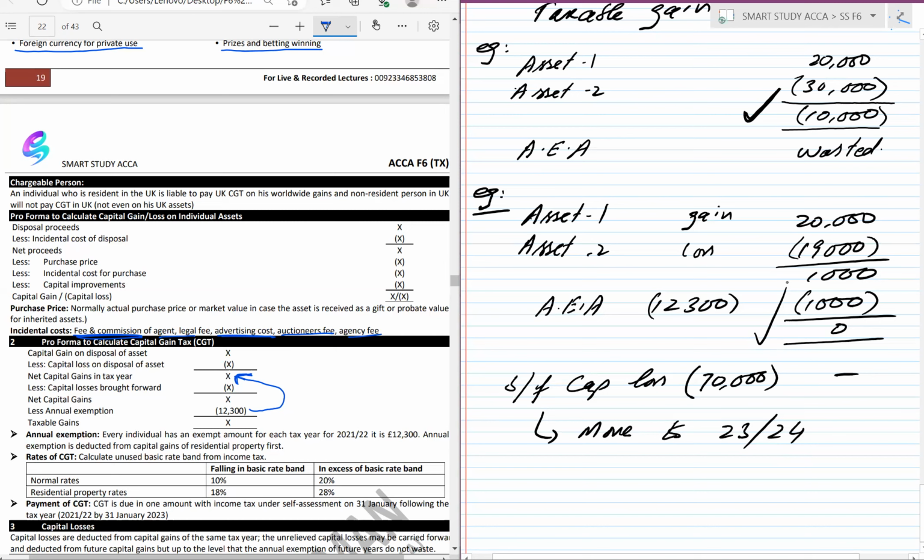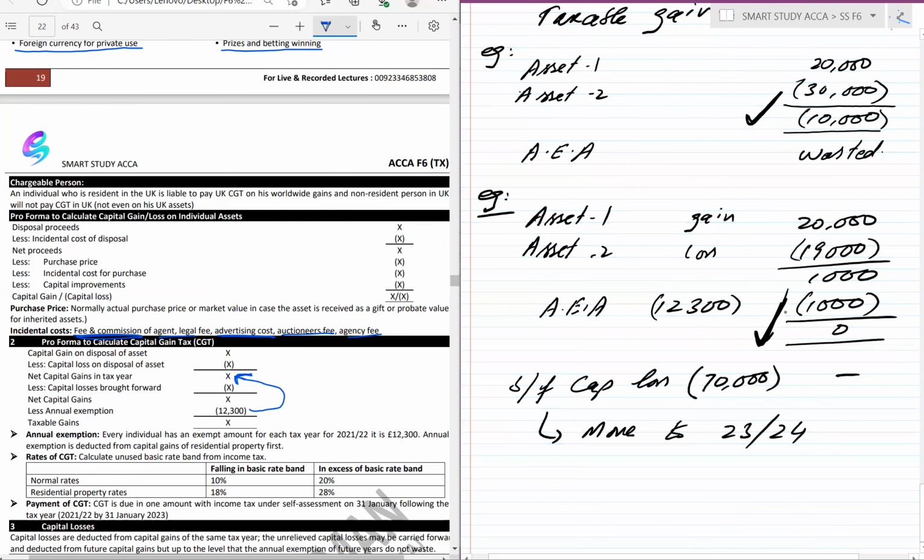Our brought forward capital losses are 70,000 pounds, which we are unable to adjust over here. So these losses will simply be carried forward as they are, and will be adjusted in the next tax year. Please remember, any capital losses can be carried forward for an indefinite number of years. So that's why if our losses are not utilized over here, simply we have moved them to next year.